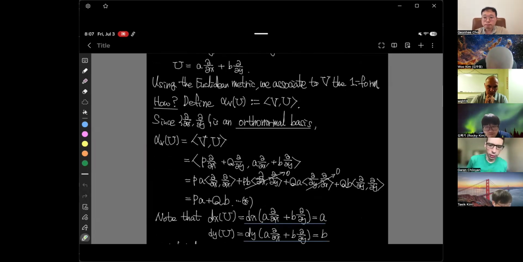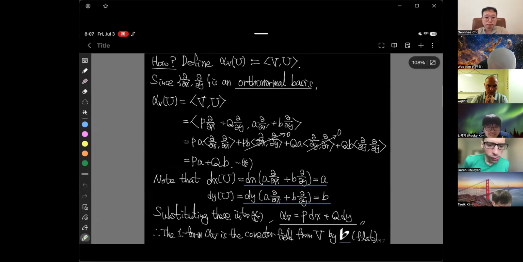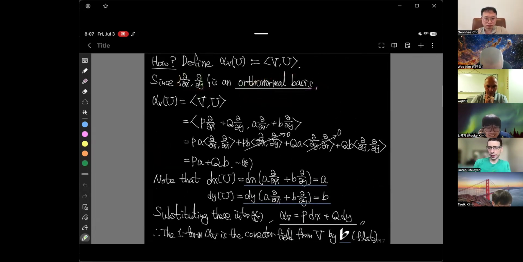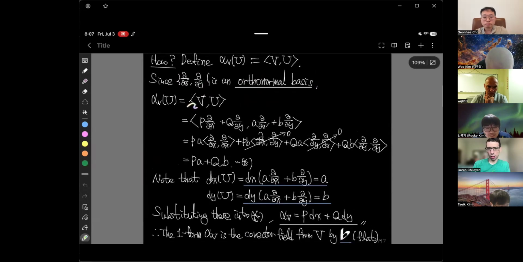So we have two orthonormal bases, the partial derivatives with respect to x and y, and we're going to define a new function as the inner product of V and u.